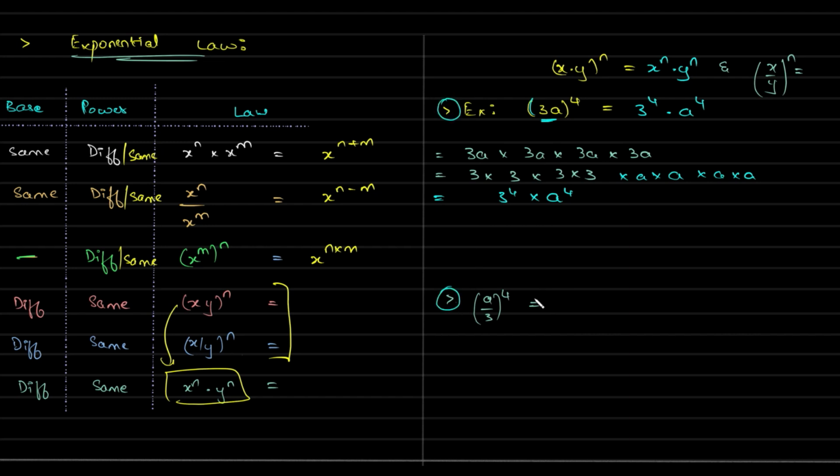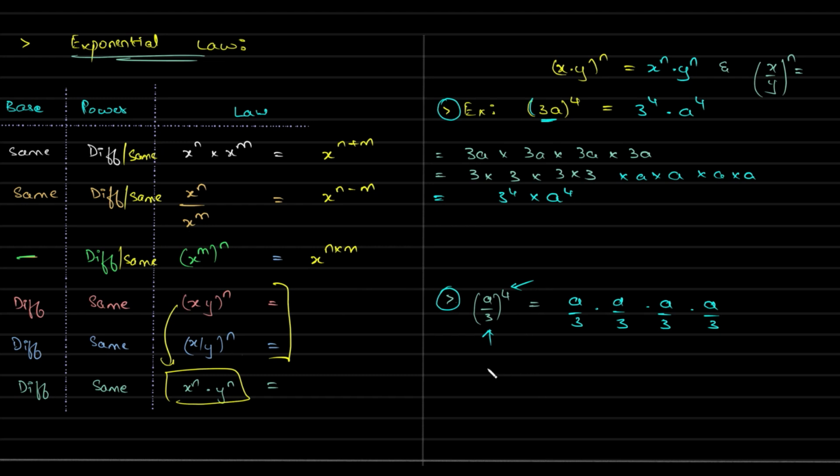Next one, we have a by 3 whole to the power of 4. This is nothing but a by 3 into a by 3 into a by 3 into a by 3, right? Because it's to the power of 4, it just means that that particular expression has to be multiplied 4 times.